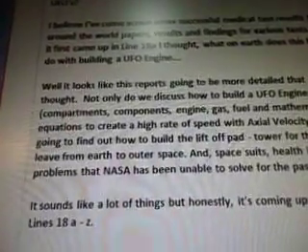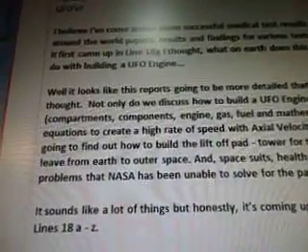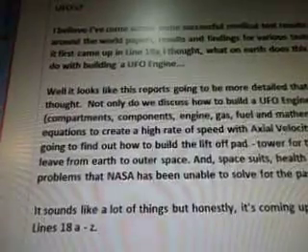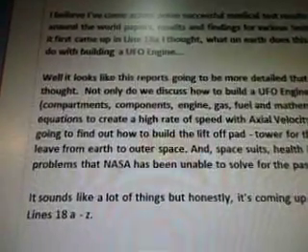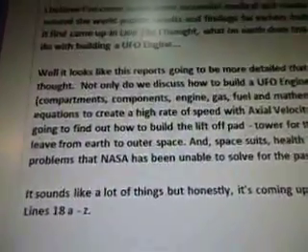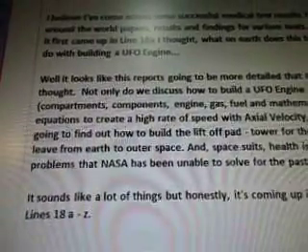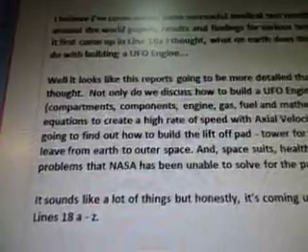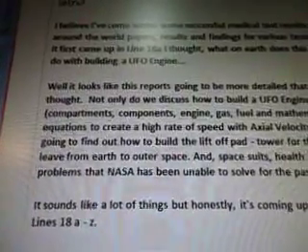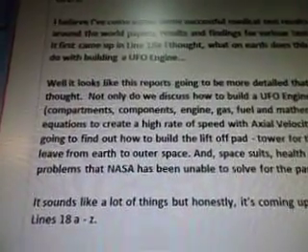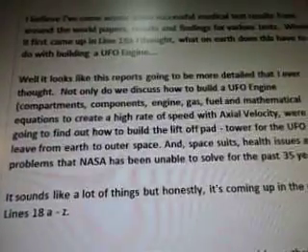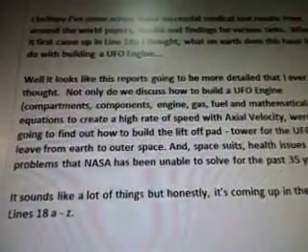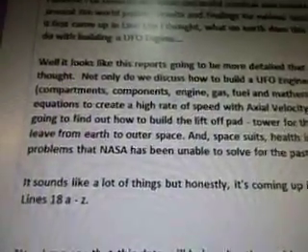Yes, you heard me right. Tower for the UFO to leave from Earth to outer space. And we're going to cover spacesuits, health issues, and problems that NASA has been trying to solve for the past 35 years. I'm not going to say that what I have to say is a solution to it, but based on the test results that I'm finding, it could be a solution for them.